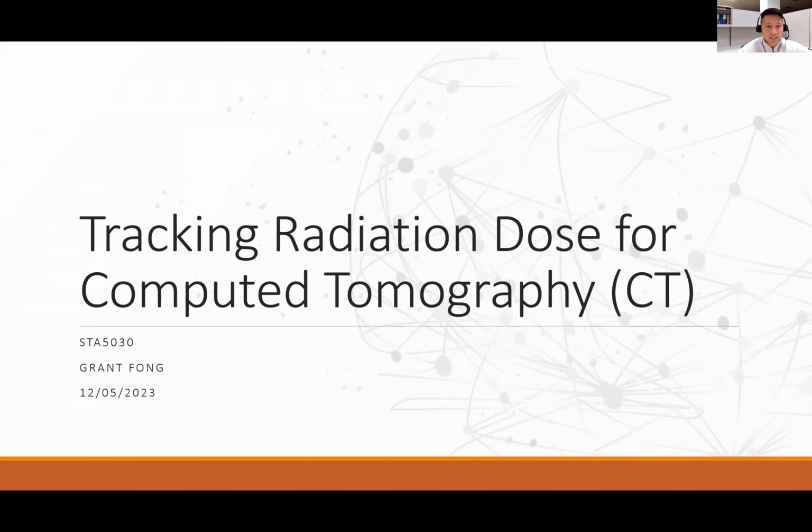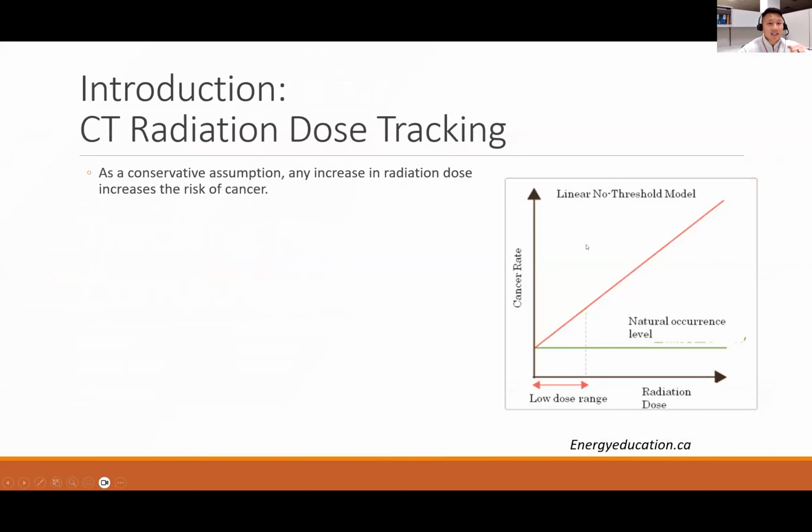So for my presentation, I'll be talking about tracking radiation dose for CT scans, or computed tomography. A little background, as you know from the news, radiation increases the risk of cancers for everyone.